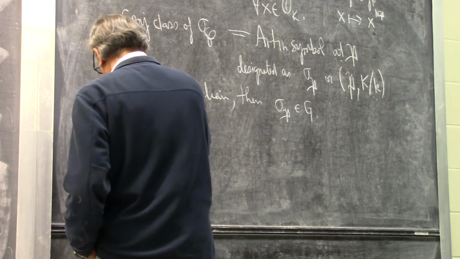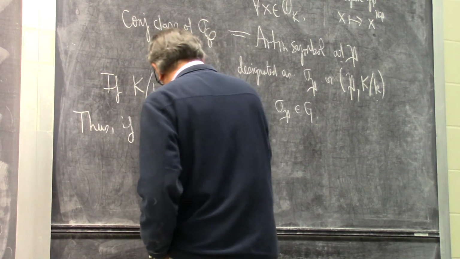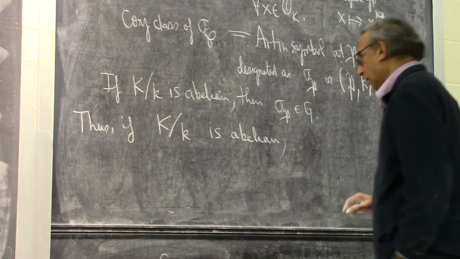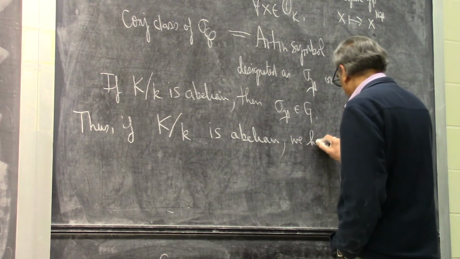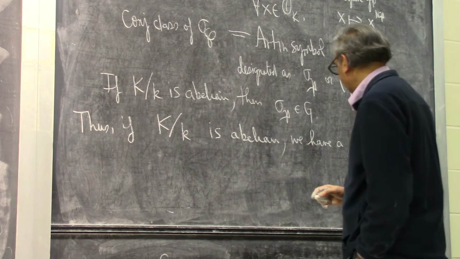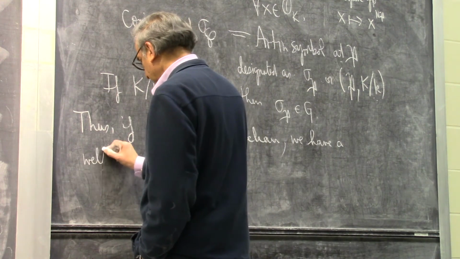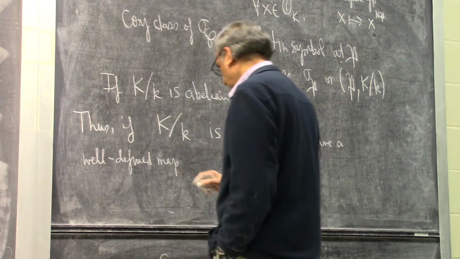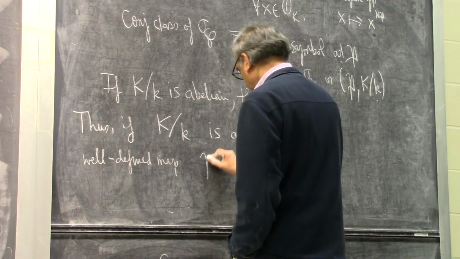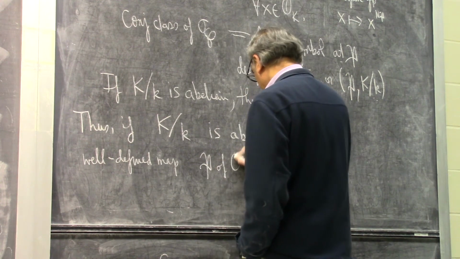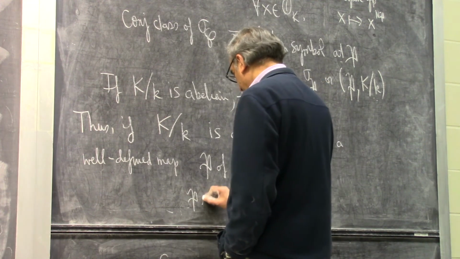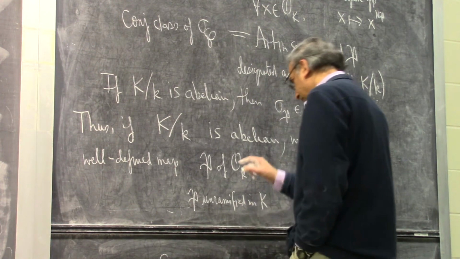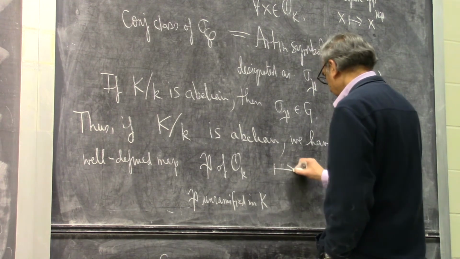Thus, if capital K over little k is abelian, we have a well-defined map for prime ideals P of little k, P unramified in capital K. We have a well-defined map from the set into the Galois group.